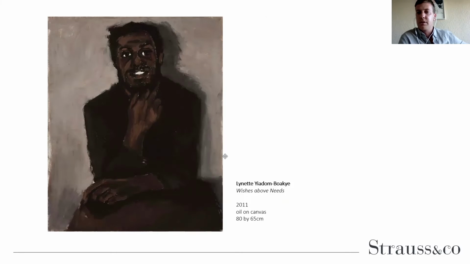This one was actually purchased before I started, from Stevenson Gallery. The reason I wanted to highlight that is that gallery relationships are very important for us with a collection: building relationships, understanding the gallery roster and who they represent, and getting to know the artists very well. Lynette is actually not someone that Stevenson represents, but they bought her work from London for the exhibition where we purchased the work.